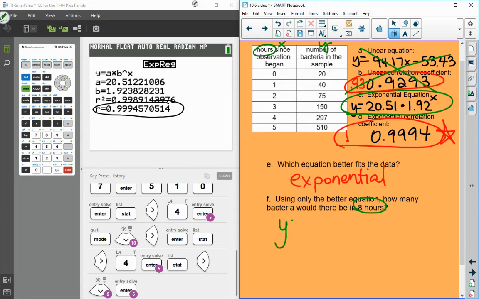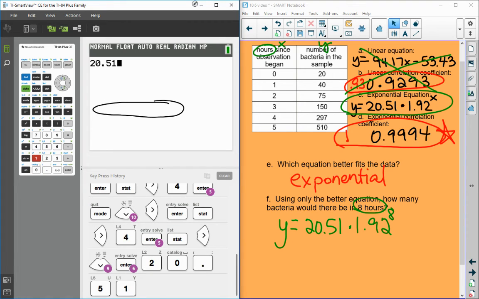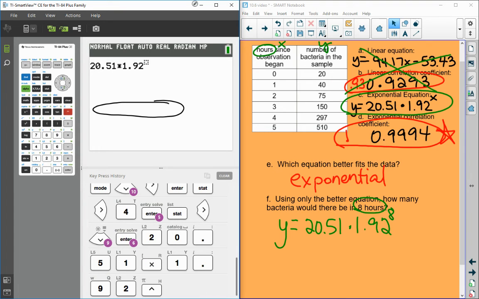So I'm going to say y equals 20.51 times 1.92 to the power of 8. So here I go back to my calculator: 20.51 times 1.92 to the 8, and I'm going to press enter.